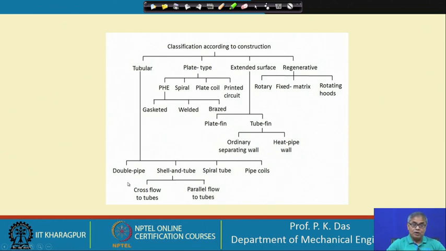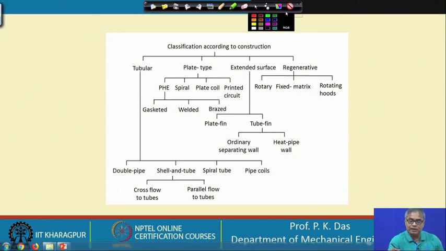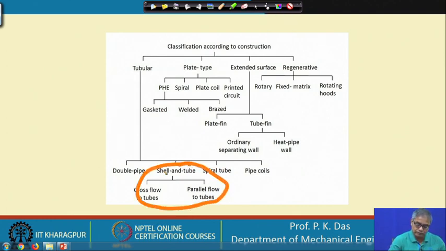Now, it is very important to have some idea regarding the shell and tube heat exchanger, but the thing is that I do not like to do it at this moment because of paucity of time. So, what we will do, this shell and tube heat exchanger, we will take it in great detail later on.